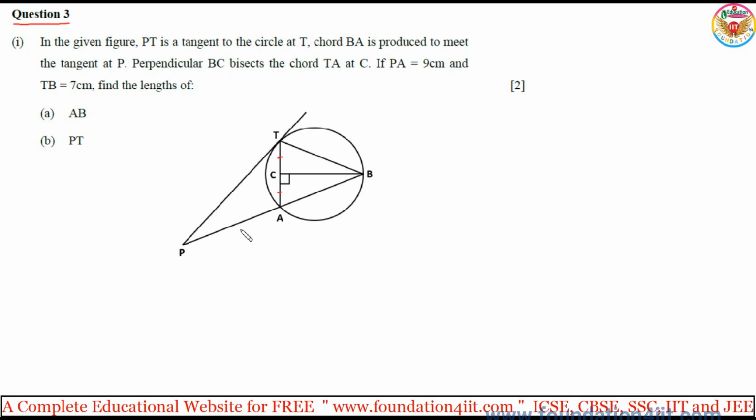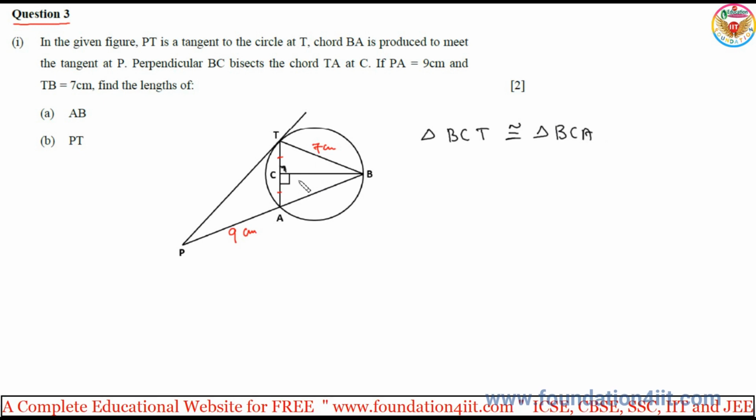PA is 9 centimeters and TB is 7 centimeters. Here these two sides are equal and these two angles are the same and CB is the common side. So triangle BCT is congruent to BCA, by the side angle side property.